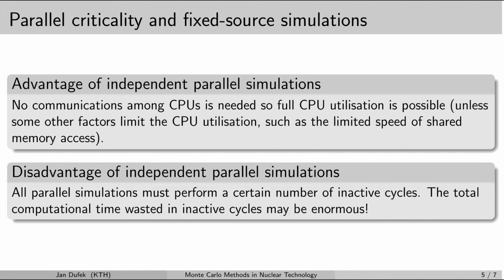On the contrary, if you want to use a computer cluster or a supercomputer for converging the fission source, then it makes sense that you employ the master-slave scheme for this purpose. So in summary, I recommend that you use the master-slave technique for the inactive cycles and the independent parallel simulations for the active cycles.